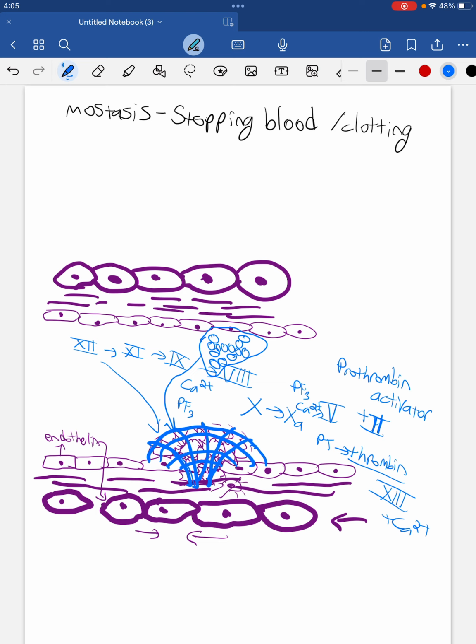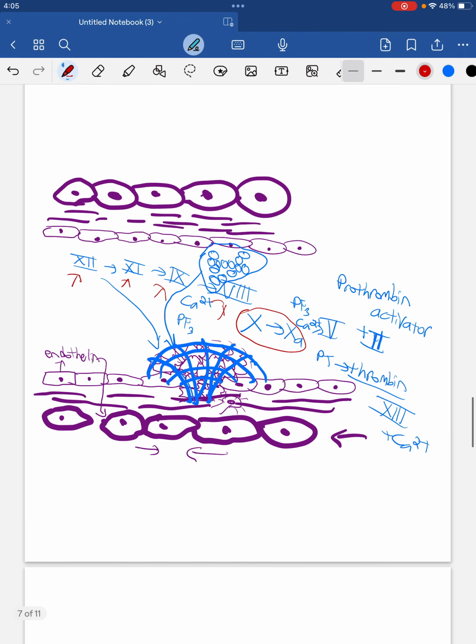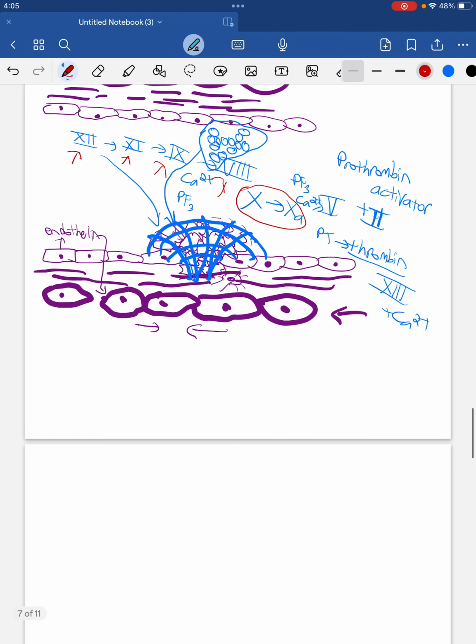So as a summary, we have factor 12 activating factor 11, factor 9, and then 8 activating X, factor 10. Okay, and then making that become active. Then we have our extrinsic pathway. Okay, extrinsic, I'll just draw it down here.